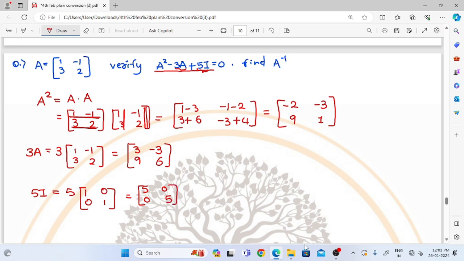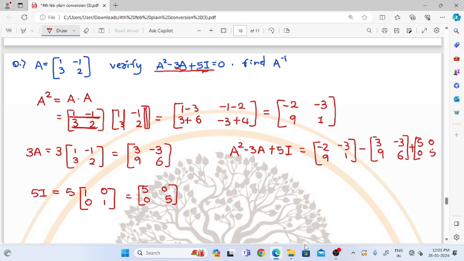So we have to check A square minus 3A plus 5I. What is A square? A square is [-2, -3; 9, 1]. After that, minus 3A. 3A is [3, -3; 9, 6]. Then plus 5I, which is [5, 0; 0, 5]. Just add the corresponding entries.